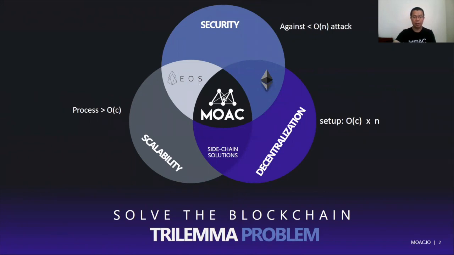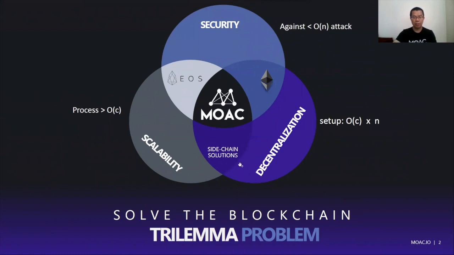On the other hand, EOS tries to increase the scalability by parallel processing and increasing the transactions per second. However, the decentralization is not that great because it only has 21 supernodes. And another category is the sidechain solutions.